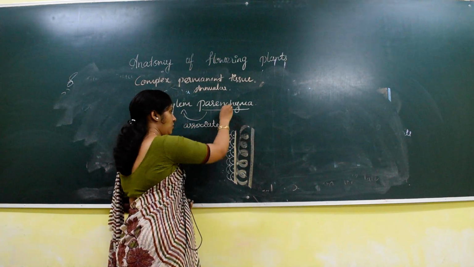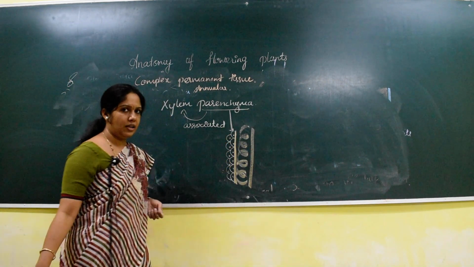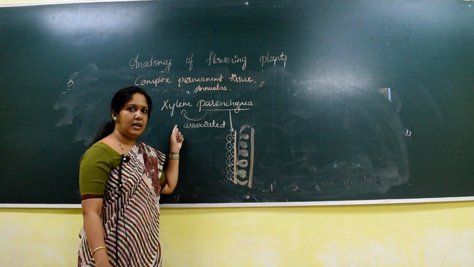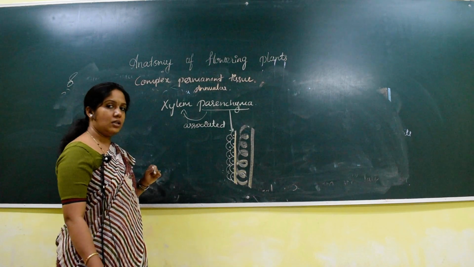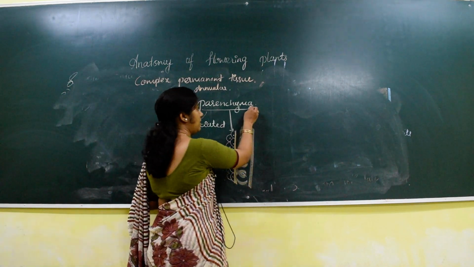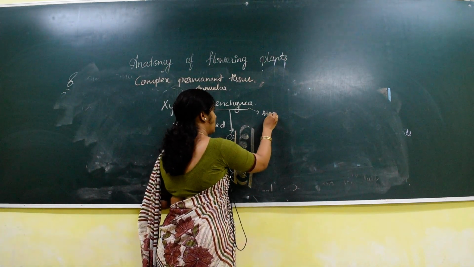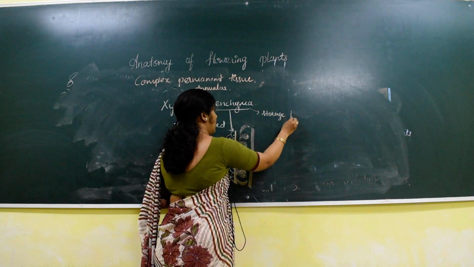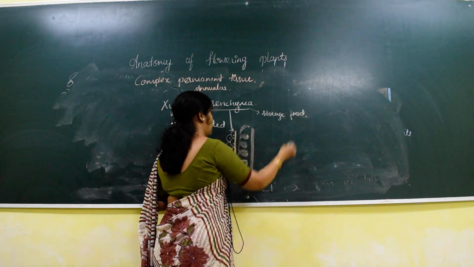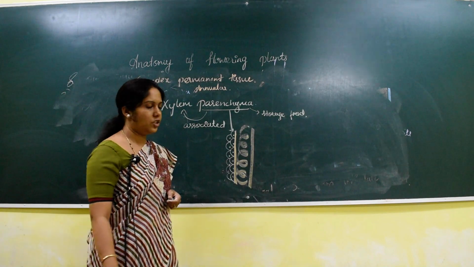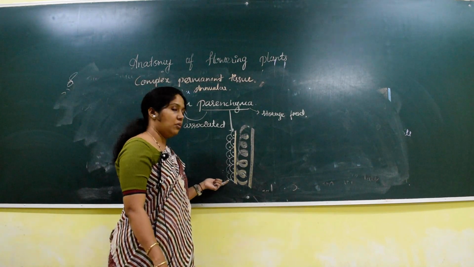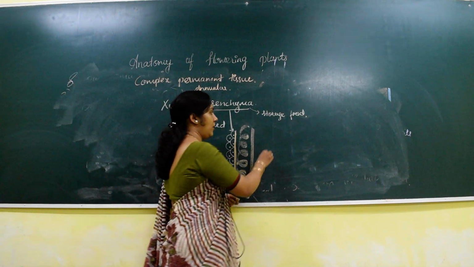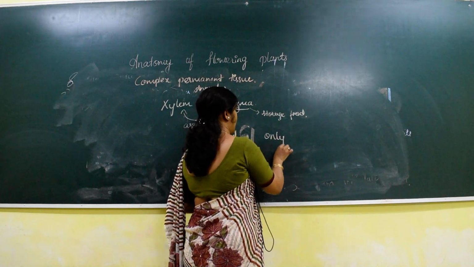The parenchyma tissue which is associated with the xylem vessel is called xylem parenchyma. What is the function of this parenchyma? It helps in storage of food, or it acts as a nutritive tissue also. Now, the only living component of the xylem is xylem parenchyma.